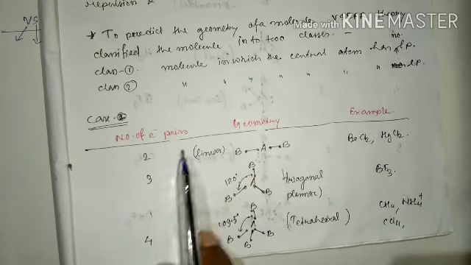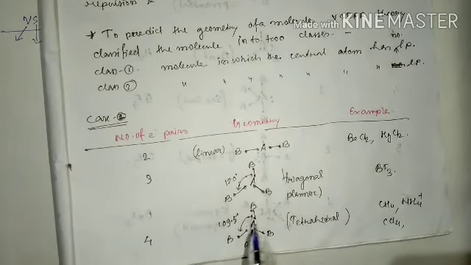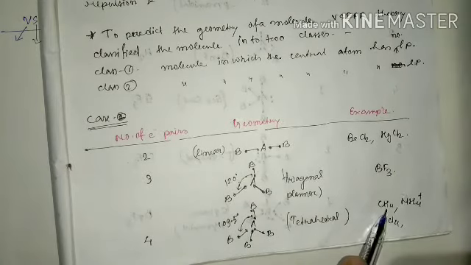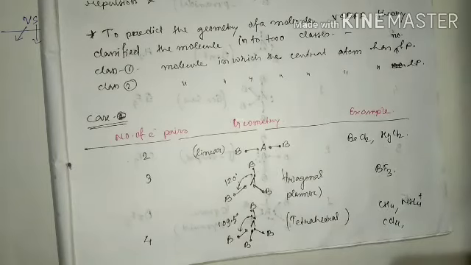If the bond pair is 4, then it forms a tetrahedral position, and the bond angle in a tetrahedral is 109.5 degrees. The examples are methane, ammonium ion, carbon tetrachloride.